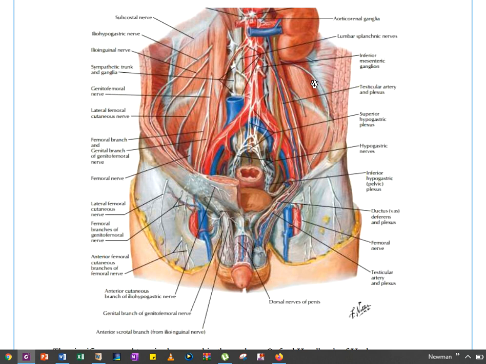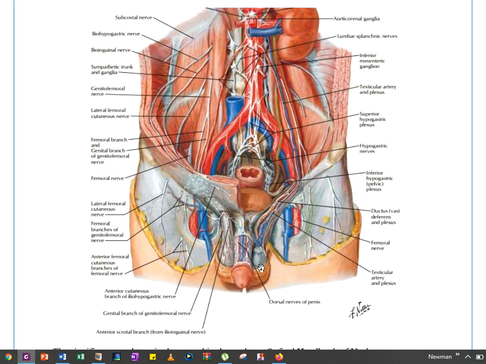So if there is irritation or a migrating stone in the ureter, which is located here, and the ureter gets inflamed, it's not surprising also to inflame these nerves, which move down here on the thigh, move down here on the scrotum.